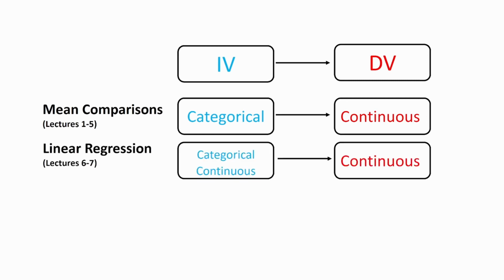In the mean comparison, you can see that for both sections the dependent variable is a continuous variable, but there are differences in the independent variable. For the mean comparison, the independent variable can be only a categorical variable, but for linear regression, the independent variable can be categorical as well as continuous.